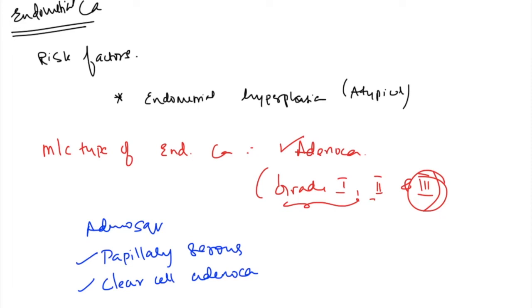What is important about papillary serous carcinoma? It spreads early. And clear cell adenocarcinoma is associated with the worst prognosis. So that is regarding the histological types or variants of endometrial carcinoma.